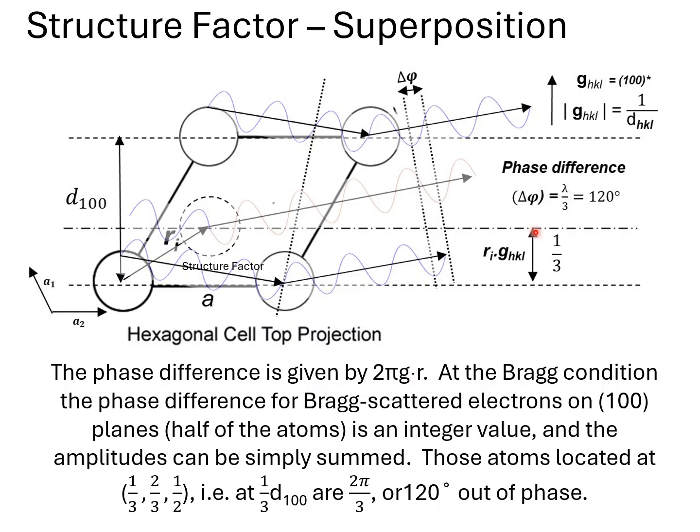In that case, the r dot g factor is 1/3, in which case for the Bragg condition for these planes given by d100, the scattering difference for the atoms at this intermediate location at 1/3, 2/3, 1/2, is actually 120 degrees.